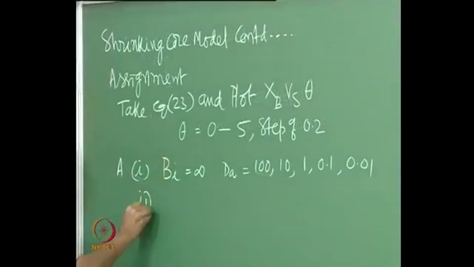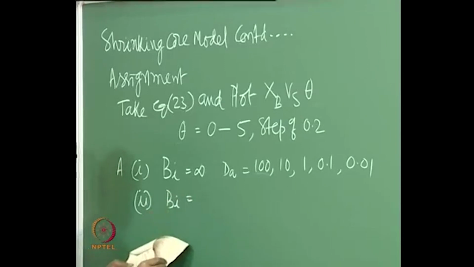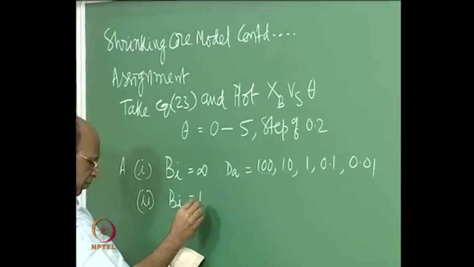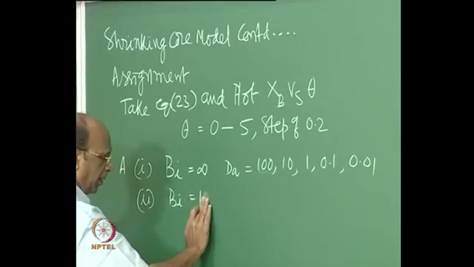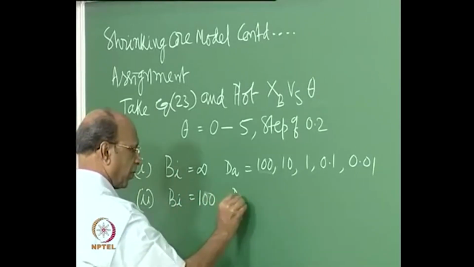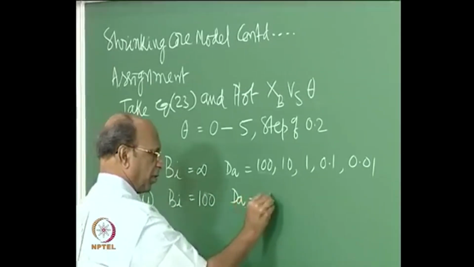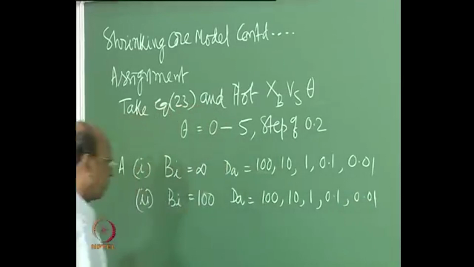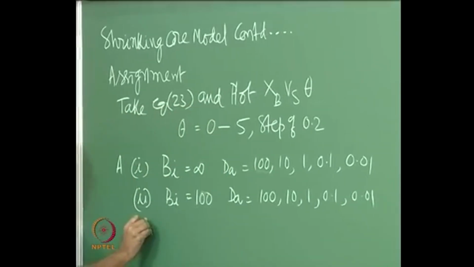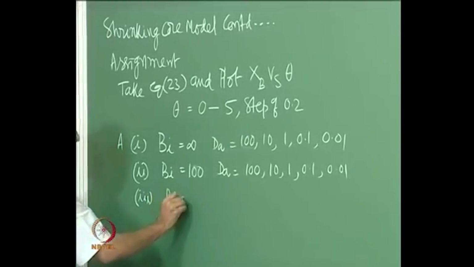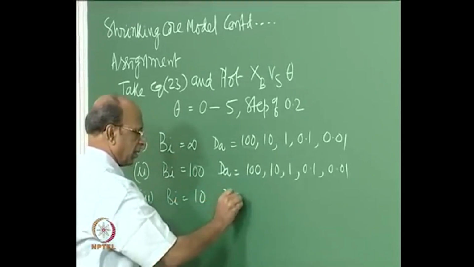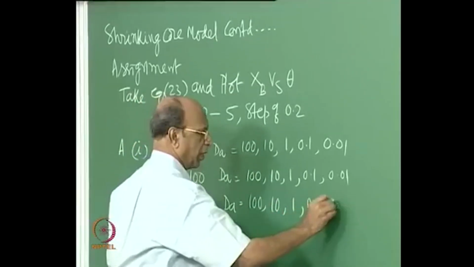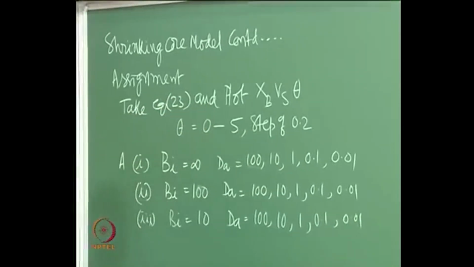So, then come to Biot number equal to 100, Damkohler number is the same, down to 0.01. Then Biot number equal to 10, Damkohler number is varied over the same range: 100, 10, 1, 0.1, 0.01.